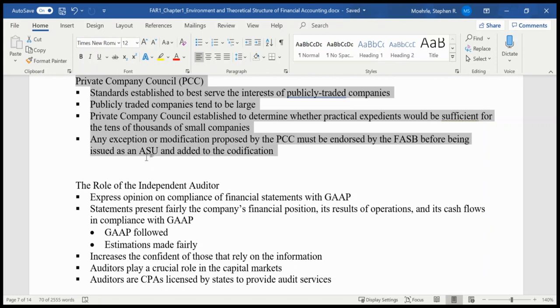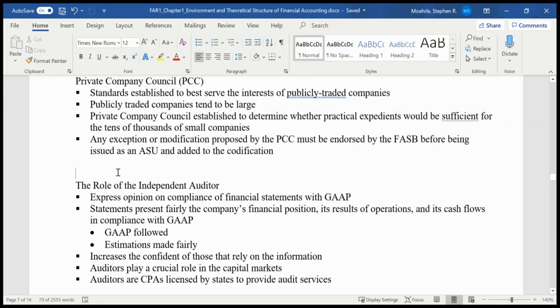Thus, for companies that are not publicly traded and will not become publicly traded, the Private Company Council develops these expedients, these simplifications, where the information isn't as sophisticated, but plenty sufficient for the information needs of the capital providers to those small companies. So you'll see some examples of that.